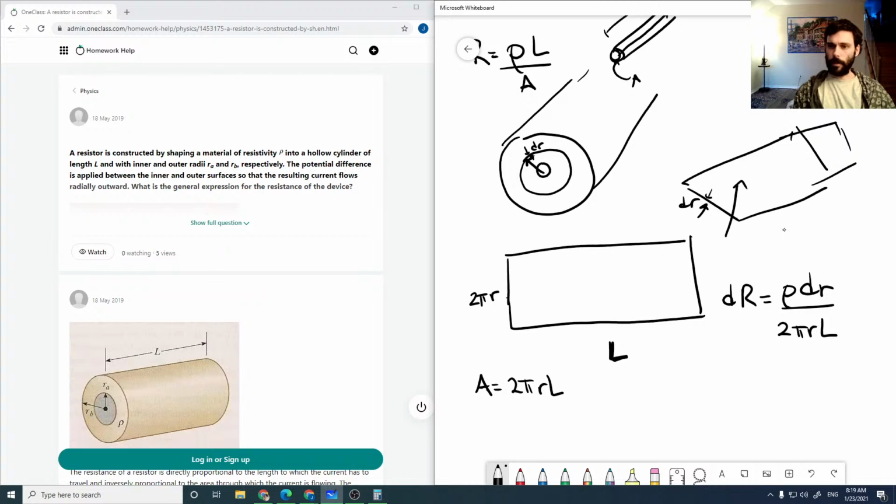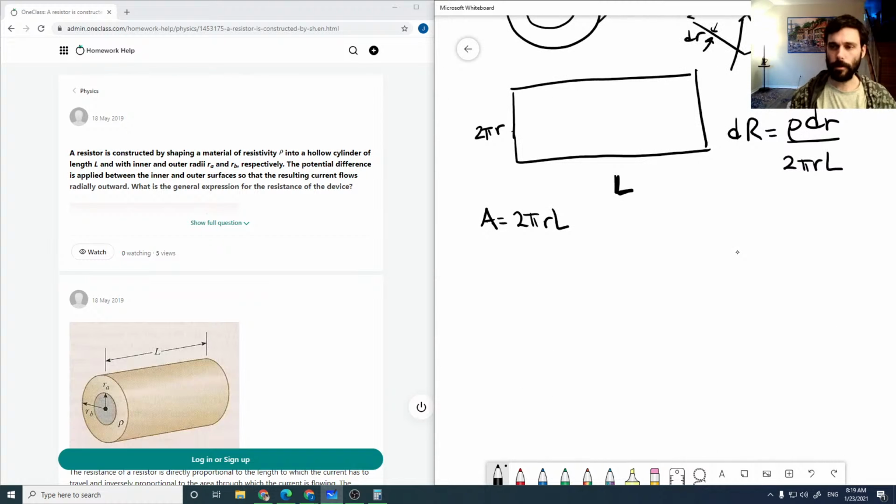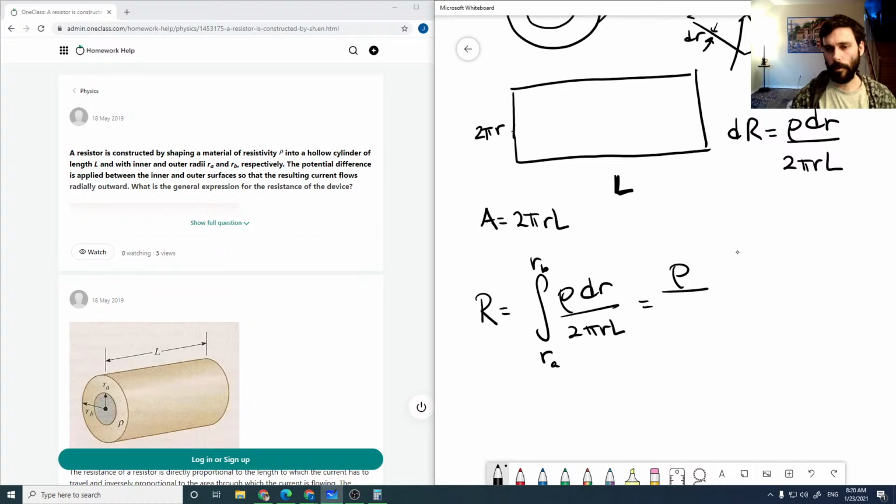My current is flowing through this sheet, which has a thickness of dr and an area of 2 pi r L. So to get my total resistance for the entire surface, I need to integrate this expression from RA to RB. So I take rho dr over 2 pi r L, which is rho over 2 pi L, integral RA to RB of dr over r.